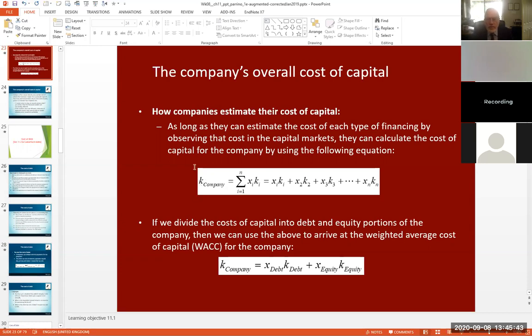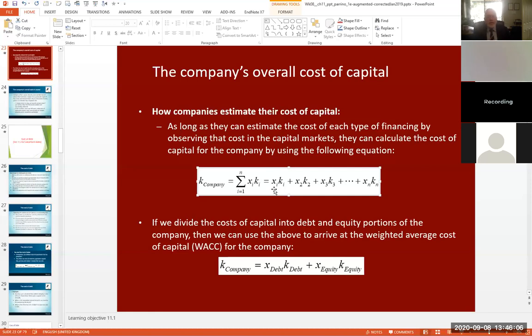So the cost of capital for the company is equal simply to the sum of the individual costs times the individual volumes of each dollar or each class of dollars that make up your capital structure.